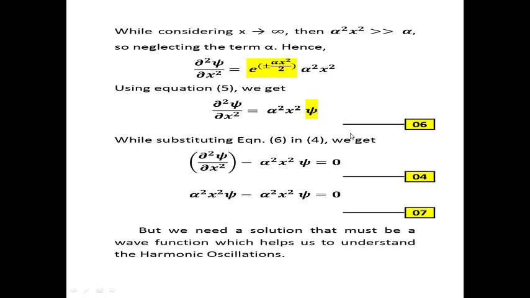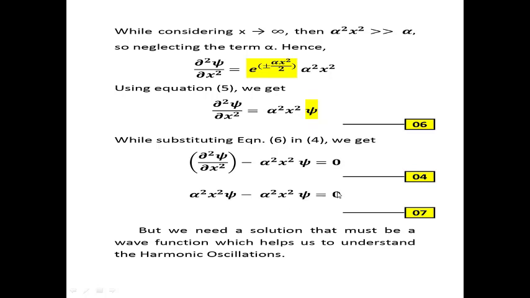Now I utilize this equation number 6 in equation number 4, where we got the general second order differential equation of the wave function. If I replace the term dou squared psi by dou x squared with alpha squared x squared psi, you notice these two terms are similar, so I get a final term of 0.